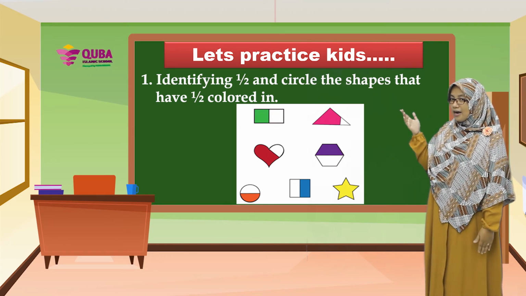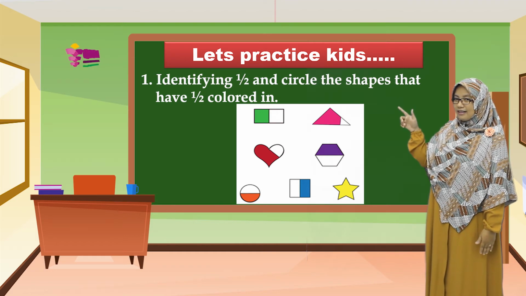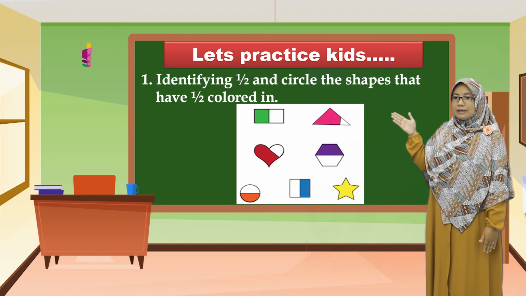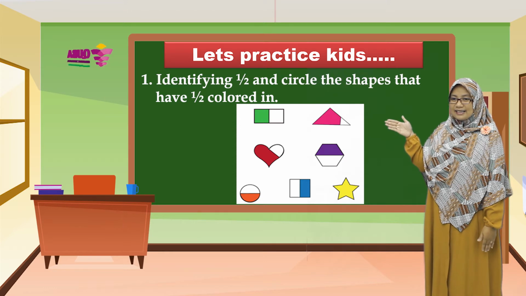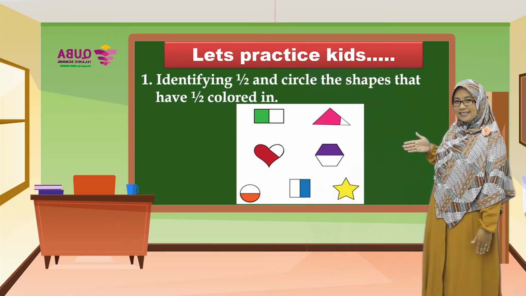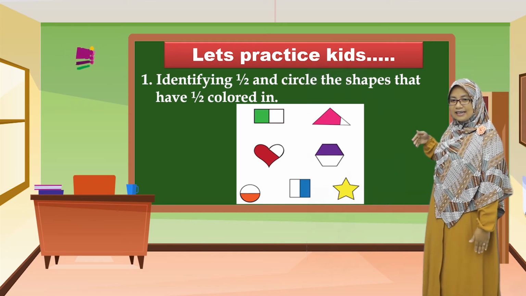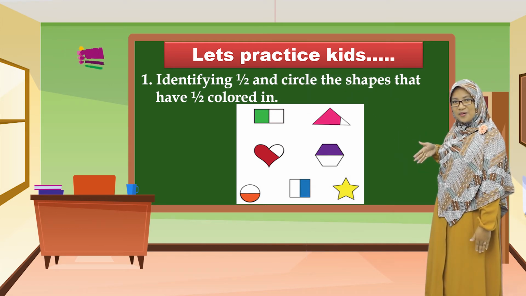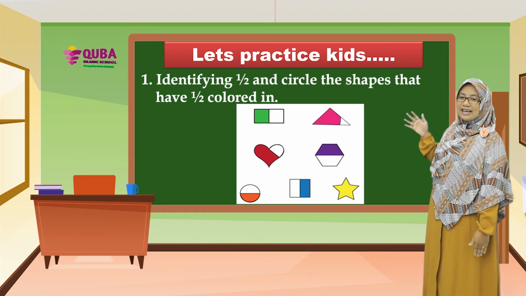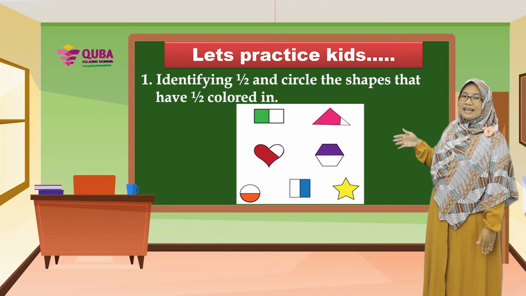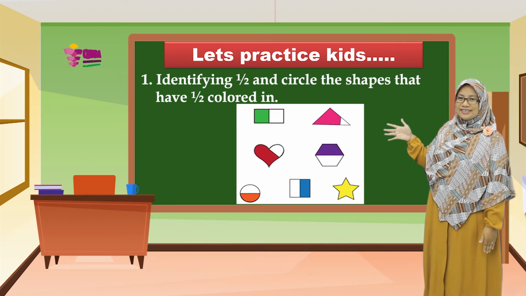If it is 1/2, you may circle. Okay, the next, look at the pink shape, and then the red shape, and then the purple, and then the red again, or orange, yeah, it's orange, and then blue, and then the yellow.